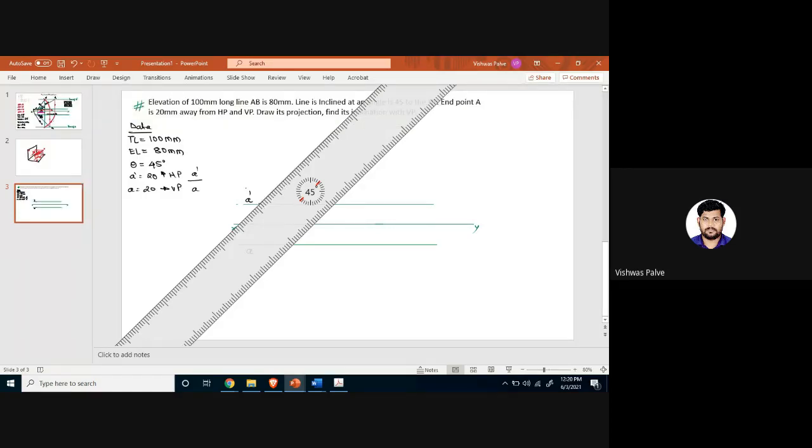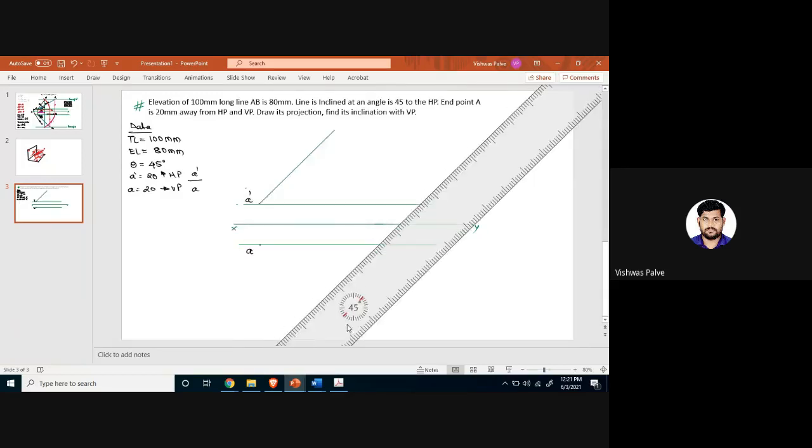This is my true length, which is 100 mm, and theta is 45 degrees.